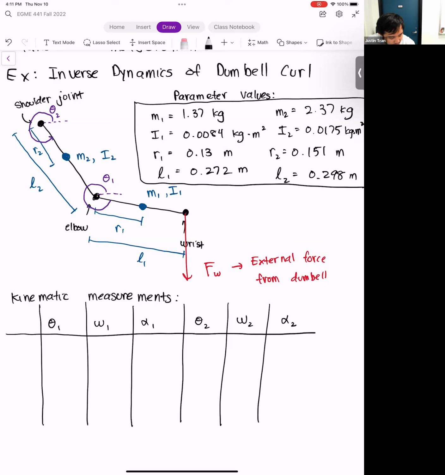All right, so I'm going to put this in tabular format. And this first column here will be the time values. Okay. Let's assume that we've measured these over five successive time instances. And maybe each row here is separated by maybe like 0.1 seconds or something like that. Okay.